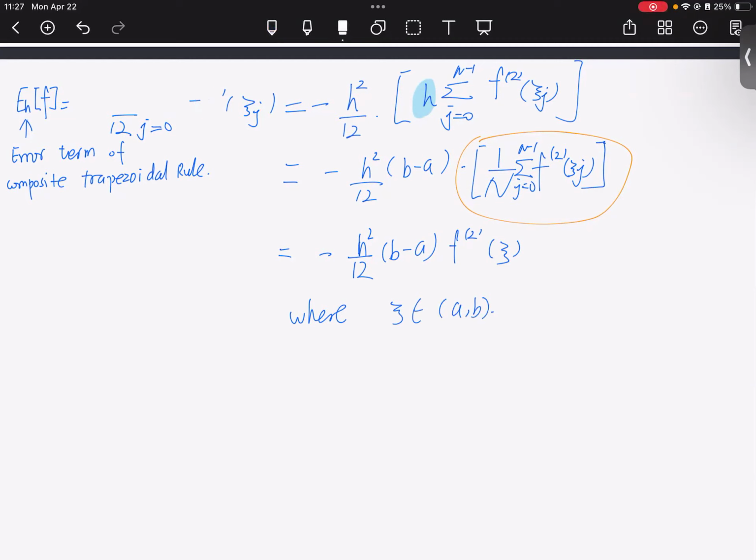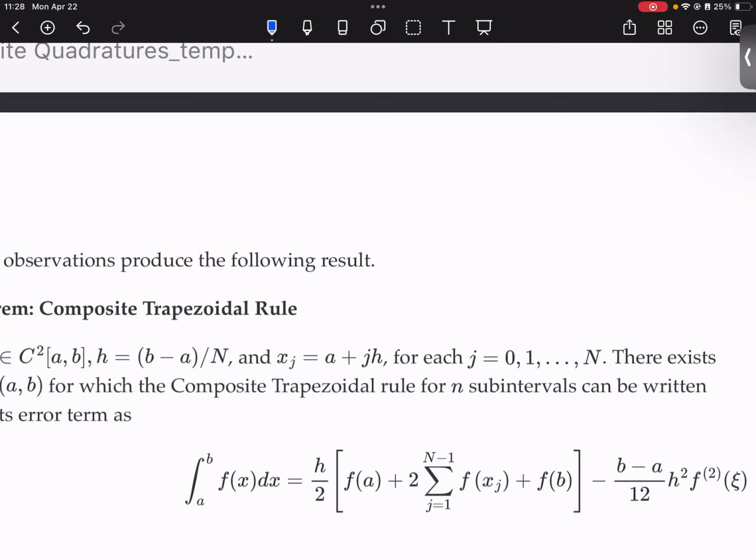And if you have questions about applying the composite trapezoidal rule to get the approximation of the integral, then you need to first look at the question. If it says n equals 10, and let's say the interval AB is 0 and 1, and the f function equals the exponential function.